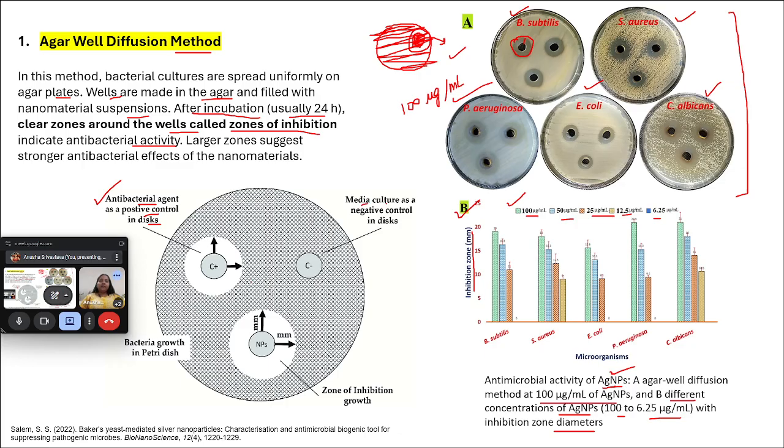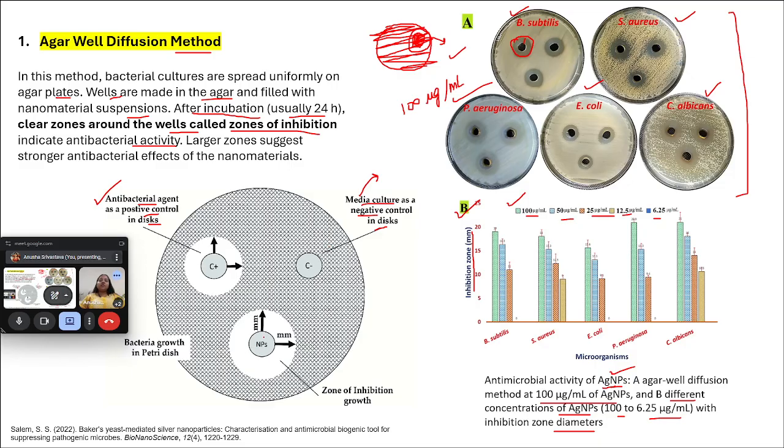But here, as you can see, media culture is the negative control disc. This is media culture, the media in which the bacteria grow under optimum conditions. Since there is no antibiotic, no antibacterial agent, obviously the bacteria would grow and you would not observe any zone of inhibition at this point.